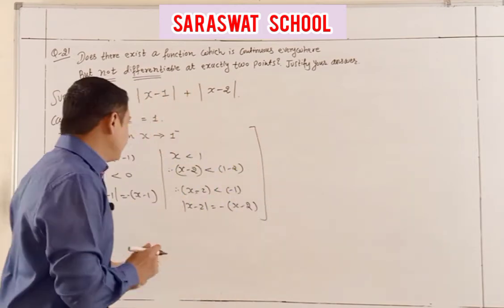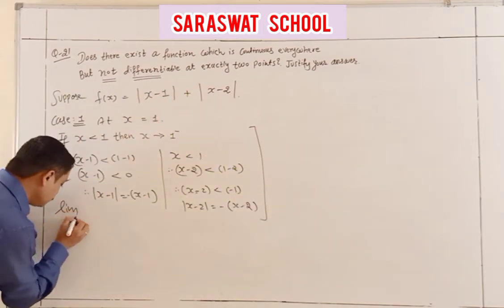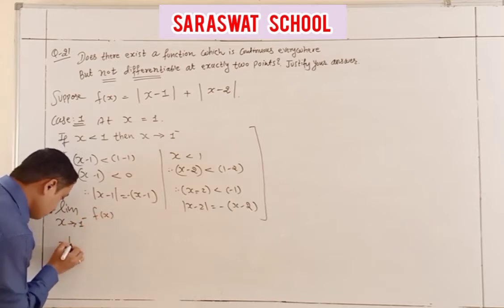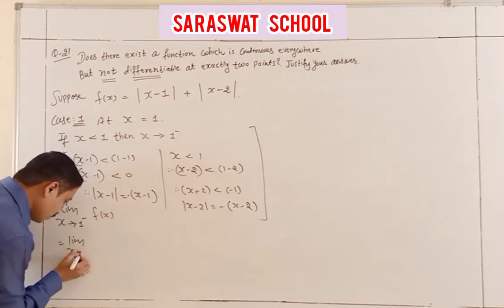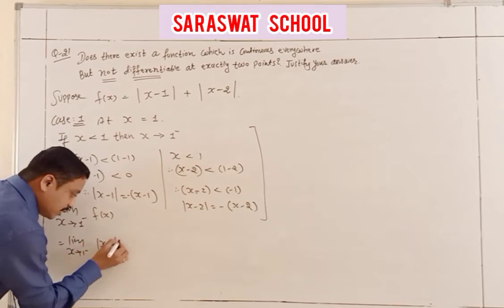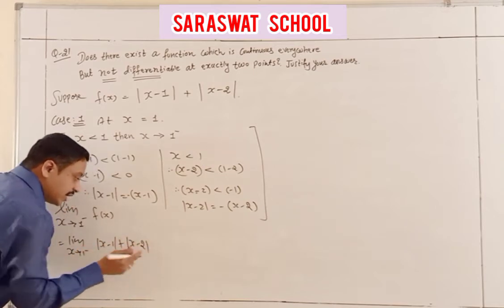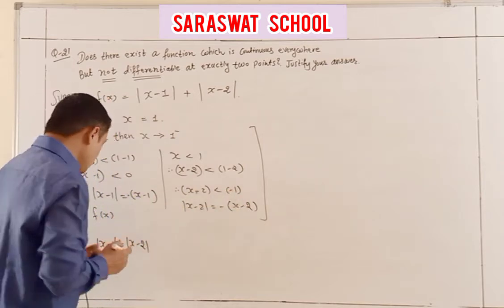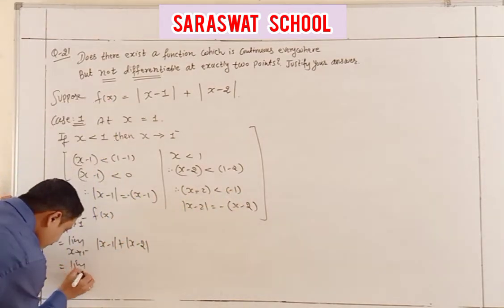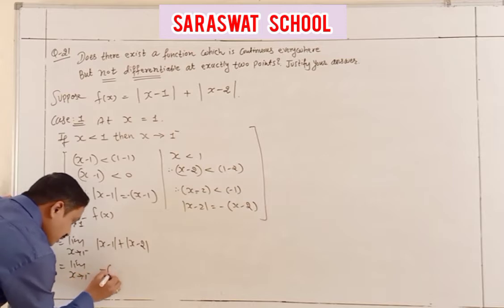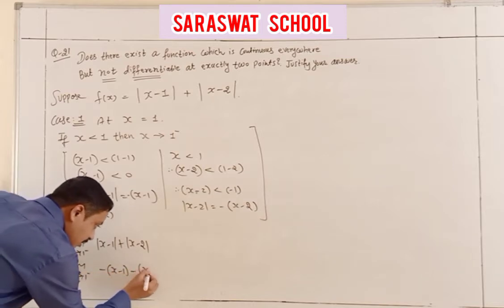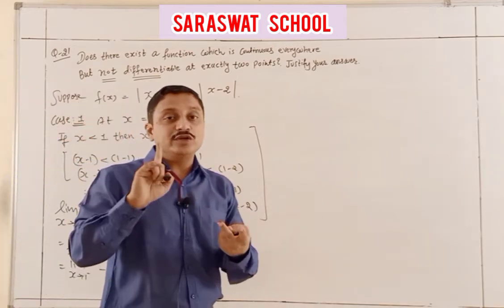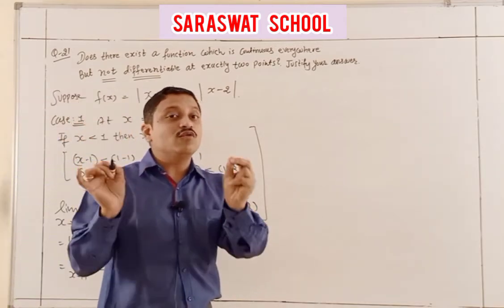And limit, check, limit x tends to 1 minus f(x). My f(x) is fixed: modulus x minus 1 plus modulus x minus 2, and here apply your minus value and here the minus value. So the limit: this value is minus of x minus 1 and minus of x minus 2, and expanded, you get one of the values for x.